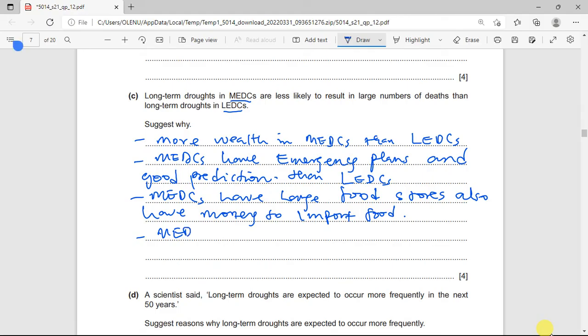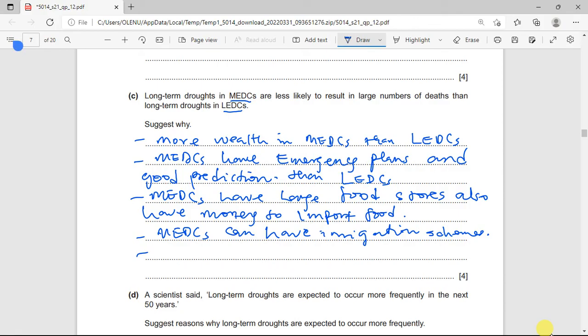MEDCs can also have irrigation schemes, so they can cultivate even in the presence of drought.